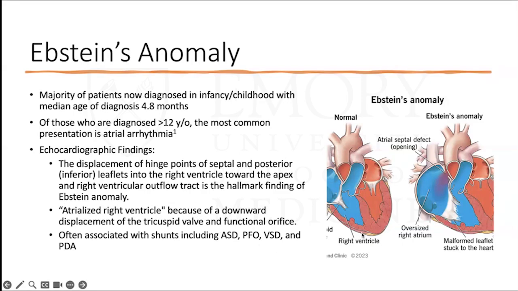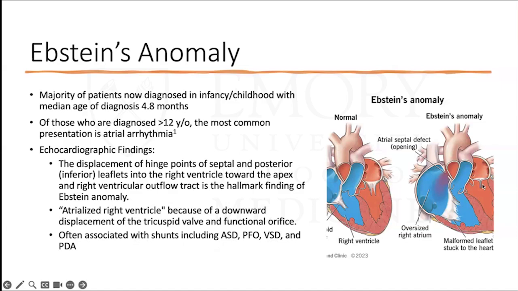So it's much smaller, much more trabeculated, often associated with reduced RV function. And then because of that pulling of the endocardium during embryologic creation, it's often associated with shunts. Many different shunts are associated with it, most commonly ASD, but also PFOs, VSDs, and PDAs, all over the map, most commonly ASDs.